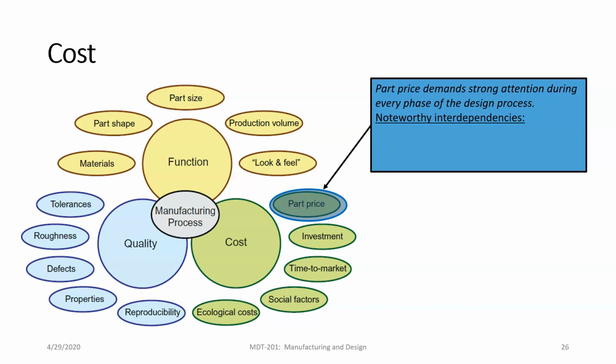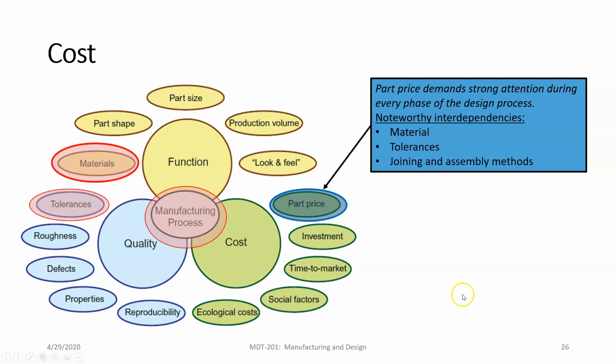Those are obviously going to have a huge role in the manufacturing process choice. That plays into the material selection. It also plays into the tolerances that you're going to be able to achieve or use, and then also the joining and assembly methods.